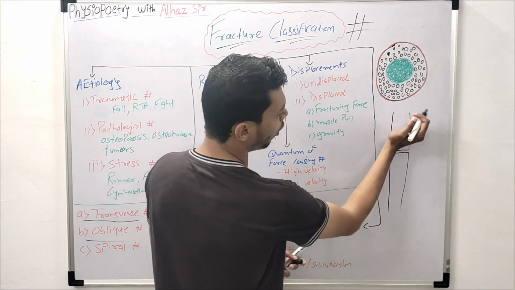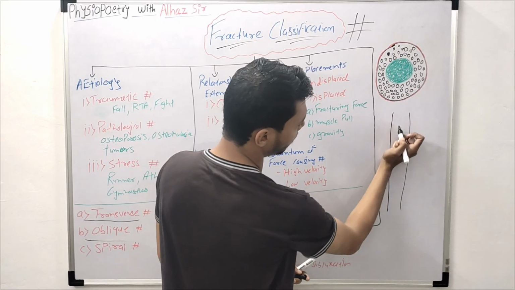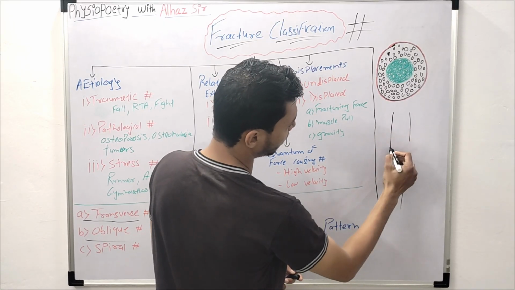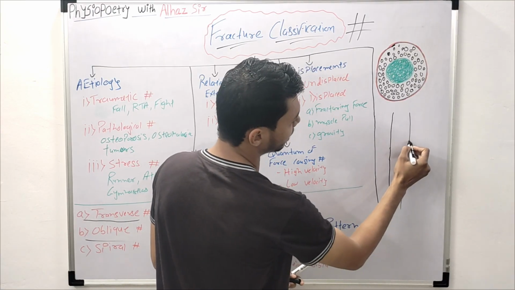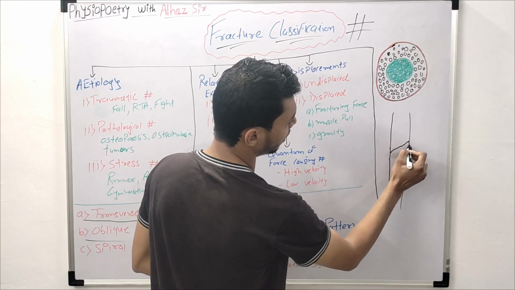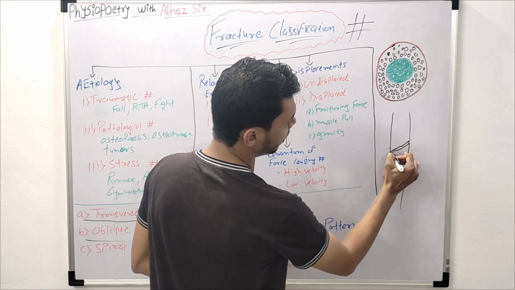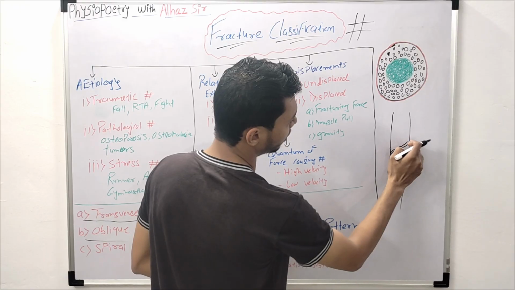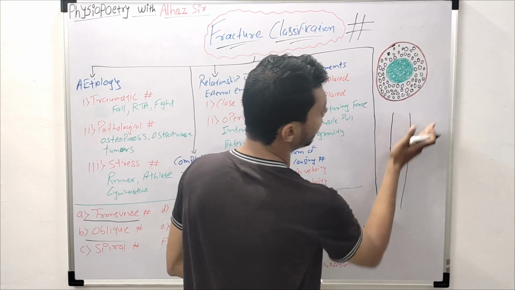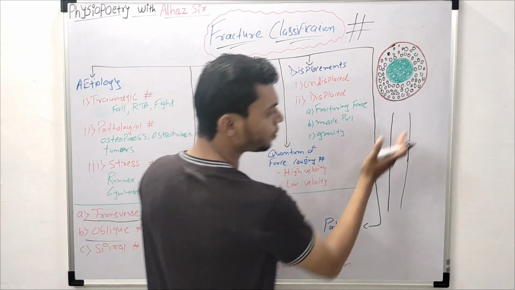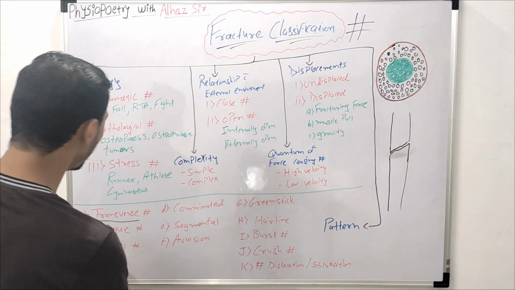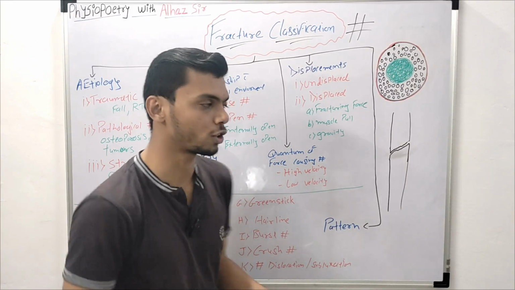For oblique, if it is crossed like this, not straight, this is the break in the continuity, and it's a kind of cross way, so it's an oblique fracture.